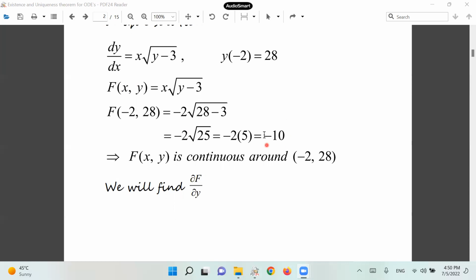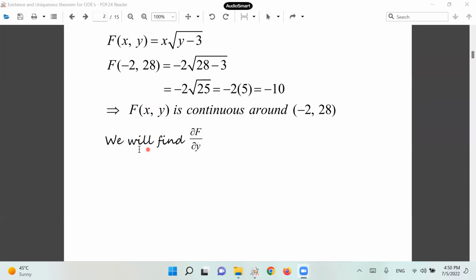But if we get this value as an undefined value, or if we get a complex number, then we will say that it is not continuous around the given interval. But as this is a real value, minus 10, we will say that the function f of x, y is continuous around the interval minus 2 and 28.